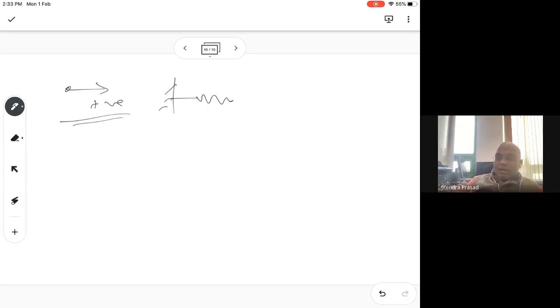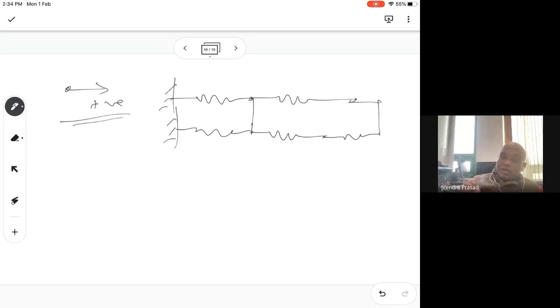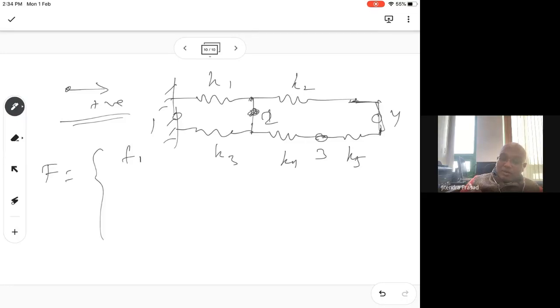Let us say we have a complicated spring system, something like this: K1, K2, K3, K4, K5, all of them. This is a combined node here. Let's call it 1, this is 2, this is 3, this is 4. So your force vector is always F1, F2, F3, F4, like this.